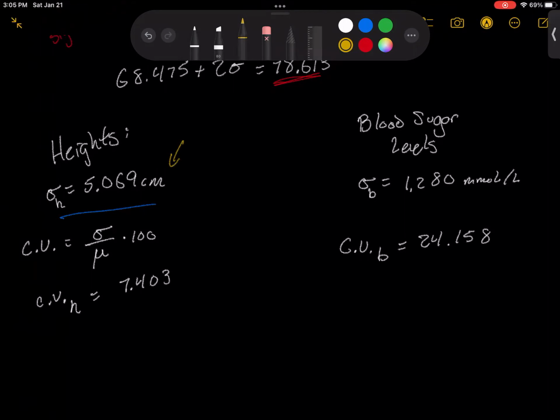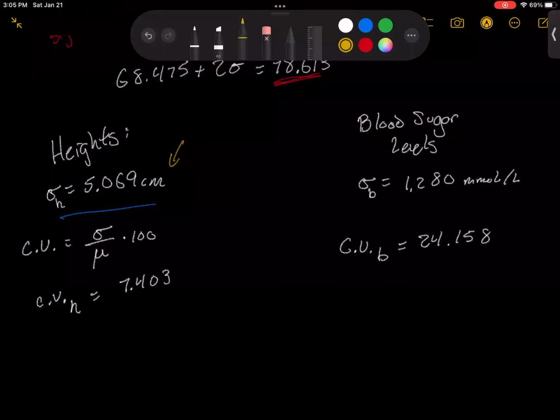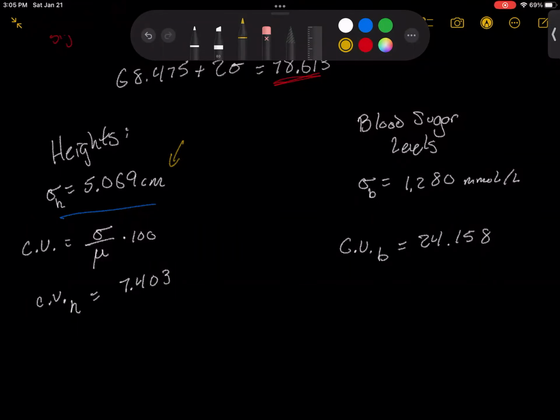The coefficient of variation, how much the heights vary relative to the average, is 7.403, while the blood sugar levels vary relative to its average 24.158%. So these are percentages. Let me put percentage signs. So there's actually more variation in the blood sugar level data than the height data.